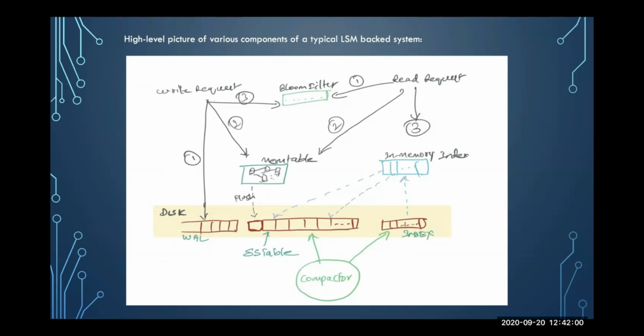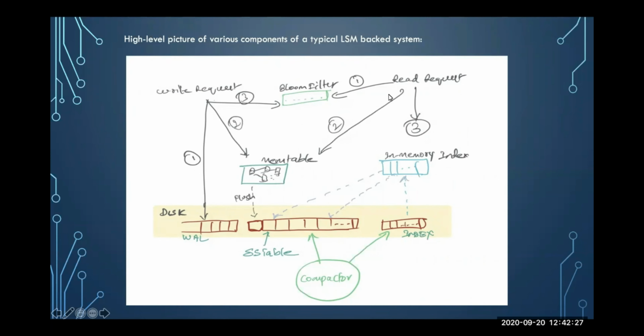The WAL stores all the updates that have come so that we'll be able to roll back into our previous state. And then it's written into our memtable, which, if the memtable reaches a certain size, is then flushed as an SS table onto the disk. If an SS table is created, its corresponding Bloom filter is also created.